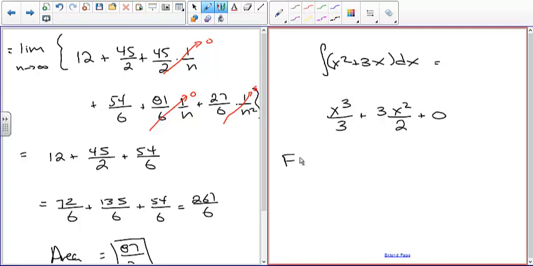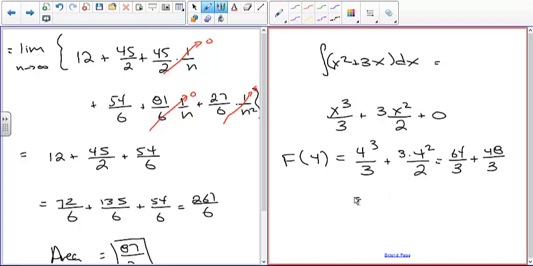Now if I evaluate the antiderivative, I'm going to use a capital F, at the upper limit I'll have 4 cubed over 3 plus 3 times 4 squared over 2, which is 4 cubed is 64, so I get 64 thirds, plus 16 times 3 is 48, so I get 48 thirds.